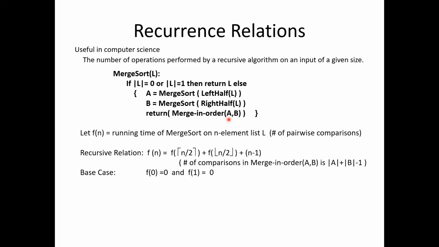So now, if I make the recursive call like this, I split this billion-sized list into 500 million and 500 million.